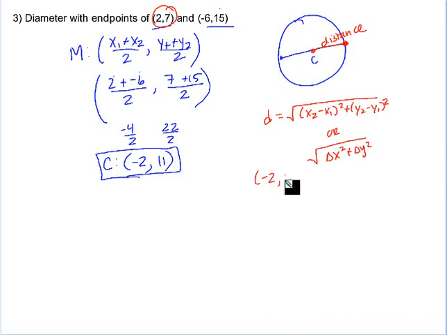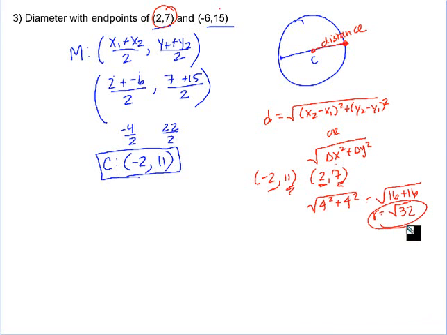So if we're using the center point (-2, 11) and the endpoint (2, 7), our x's change from -2 to 2, a total of 4, so 4 squared, plus our y's change from 11 to 7, a total of 4, so 4 squared. 4 squared is 16, so we have 16 plus 16, which is the square root of 32. That is our r.